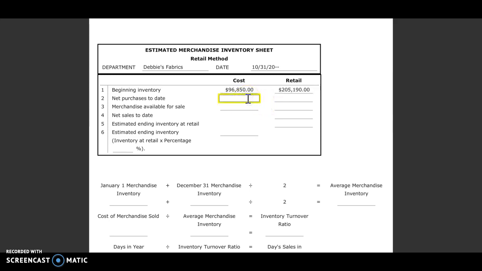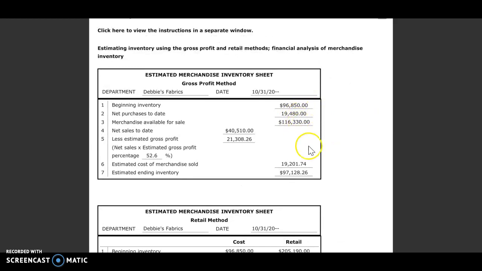Okay, net purchases, they give us two. Cost is $19,480. And retail is $47,500. Okay, so merchandise available for sale, we're going to add those together. So first we'll do cost. That's going to be $116,330, which really is what we figured out up here.